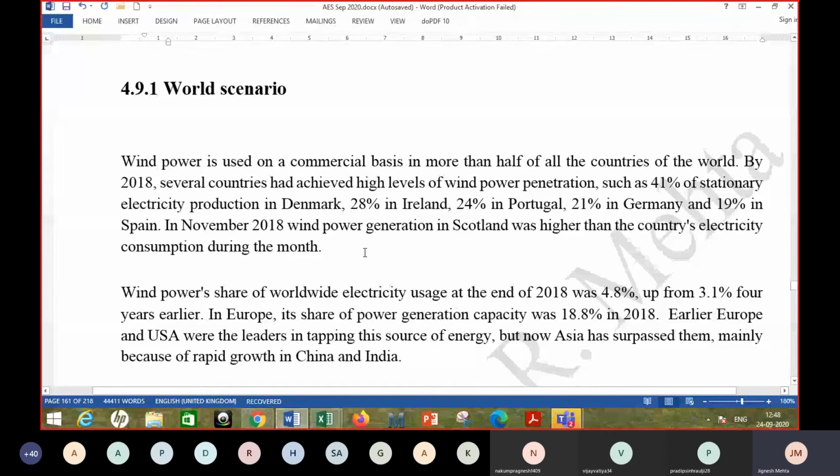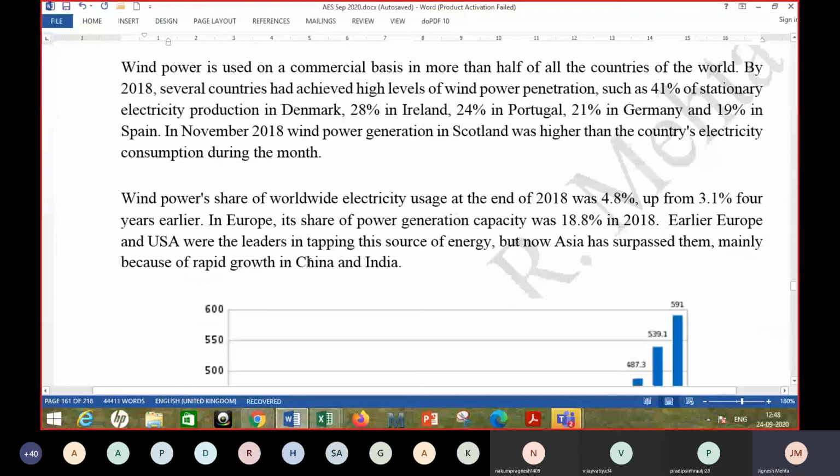Right? Because the wind velocity they get must be very high, they are able to even produce more power than their requirement.